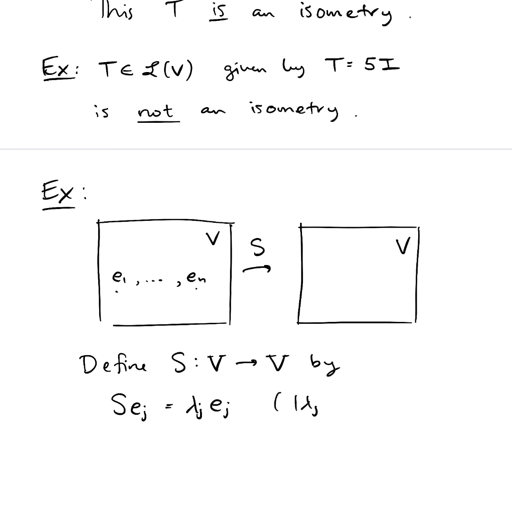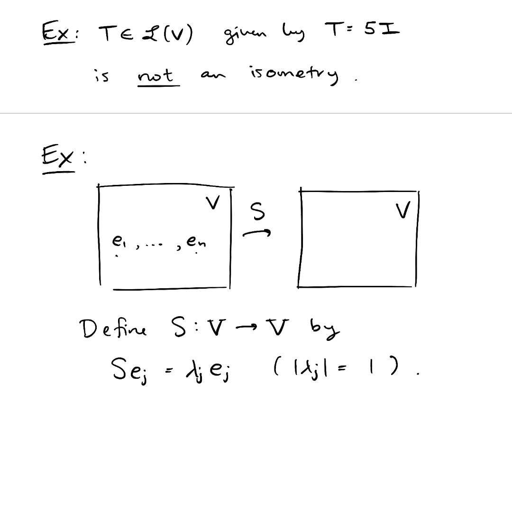And our only insistence is that the absolute value of the scalar is 1. Okay, if we build ourselves a map in that way, send each of an orthonormal basis to a scalar multiple of itself, where the absolute value of that scalar is 1, then we will have built an isometry.